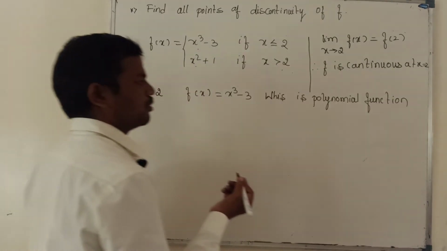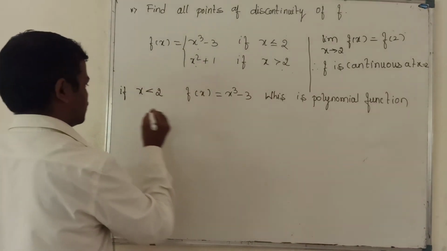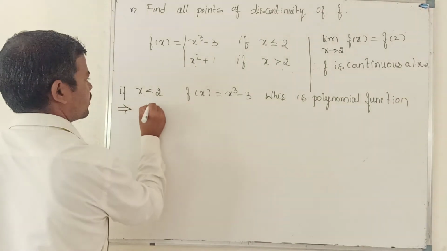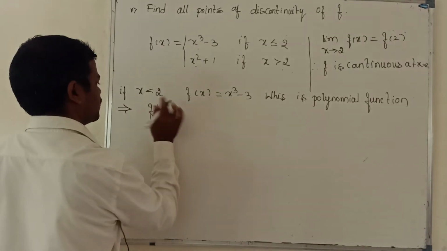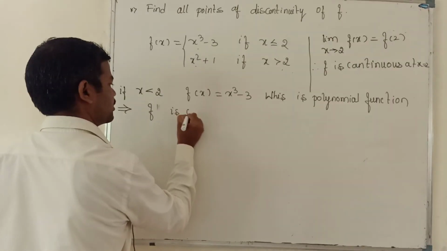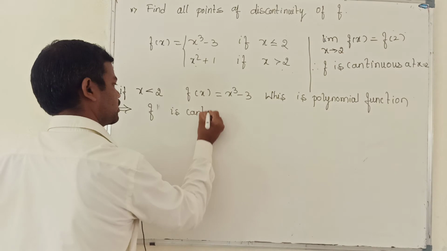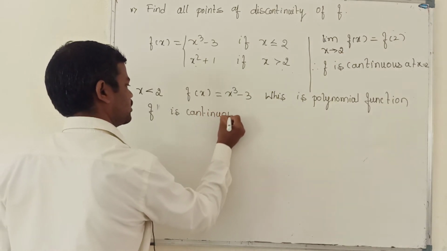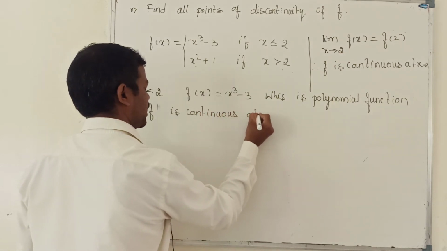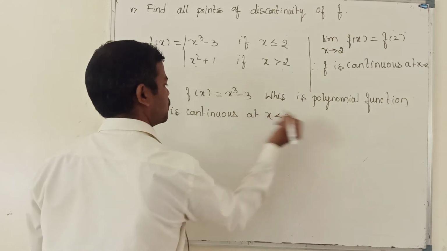So we know that every polynomial function is continuous. It implies that f is continuous at x less than 2.